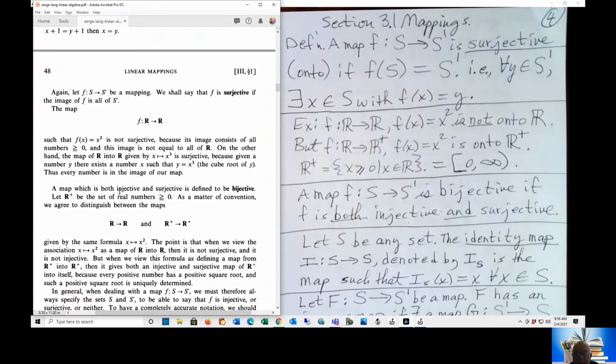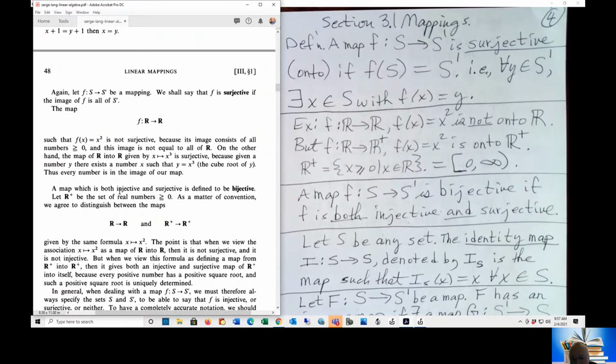Now, let's see an example. Again, the good old parabola, x squared. If you look at x squared from the reals to the reals, it's not onto the reals, is it? However, if you restrict f from going to the reals to the non-negative reals, R plus, then it is onto, isn't it?